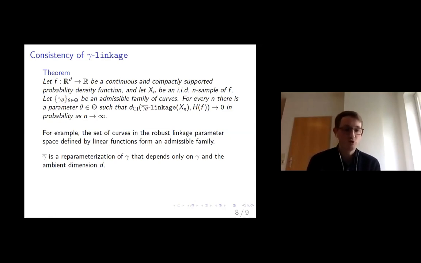For example, you could restrict to the curves defined by linear functions, and that forms an admissible family. And this gamma bar is a reparameterization of gamma that depends only on gamma and the ambient dimension. This is pretty standard in these kinds of consistency results, that one has to be willing to reparameterize in a way that takes into account the ambient dimension.